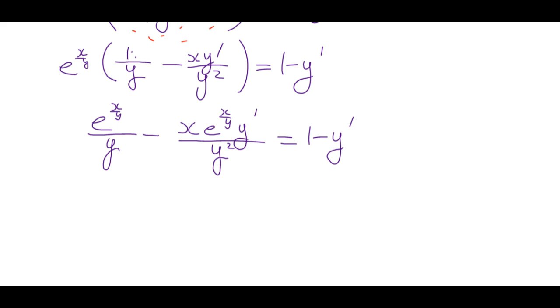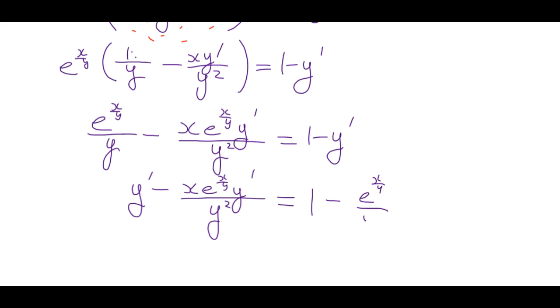Okay? So I'm going to add y prime to both sides. So y prime minus x e to the x over y prime over y squared. Okay? So I added y prime to both sides. Equals, and now I'm going to subtract this term, 1 minus e to the x over y over y.